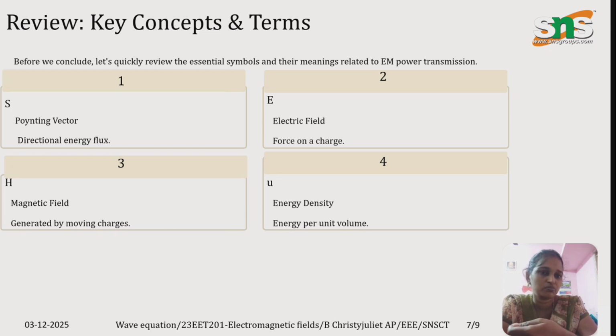By passing current, a magnetic field is produced, right? So that is what is given here as generated by moving charges. And finally we are calculating the energy per unit volume. This simple concept of electromagnetic power transmission makes things clearer, and it helps us understand how electromagnetic power can be witnessed in each and every modern technology.